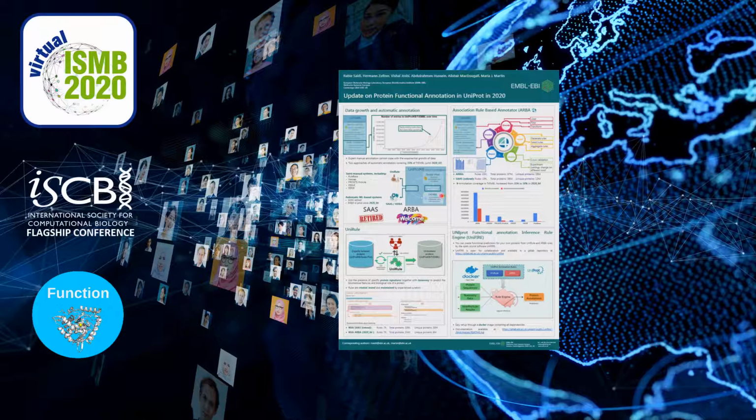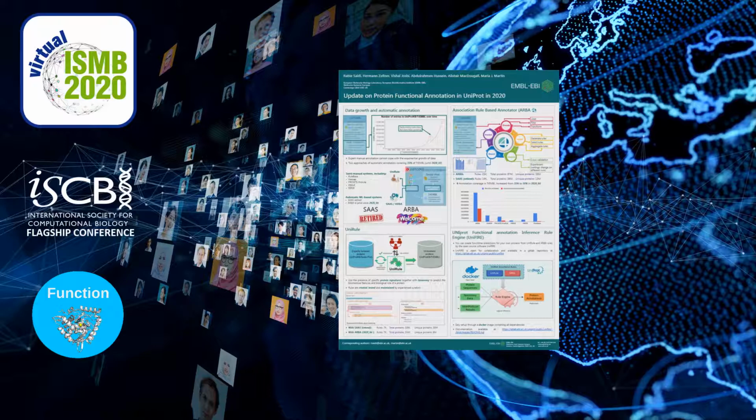Records that are in TrEMBL should pass through an expert manual annotation process to get into Swiss-Prot. However, this process is slow and cannot cope with the large size of TrEMBL. That is why we have implemented a parallel process of automatic annotation to enrich data in TrEMBL using the Swiss-Prot section as reference data.